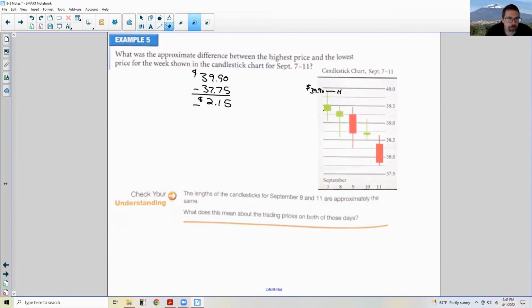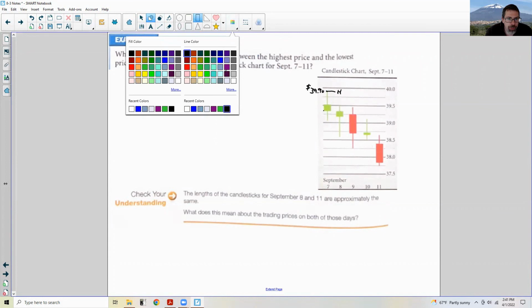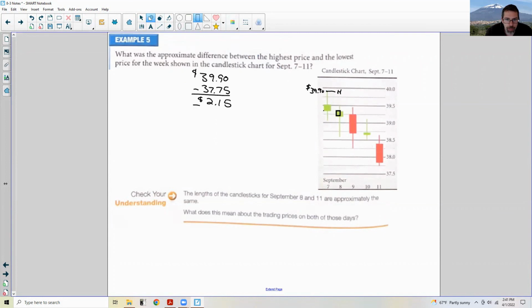This body right here, 8th and the 11th. So we're focusing on these two right here. The lengths of the candlesticks for September 8th and 11th are approximately the same.